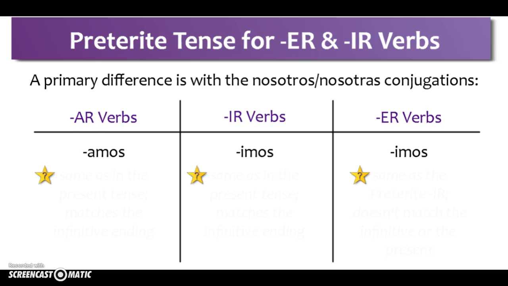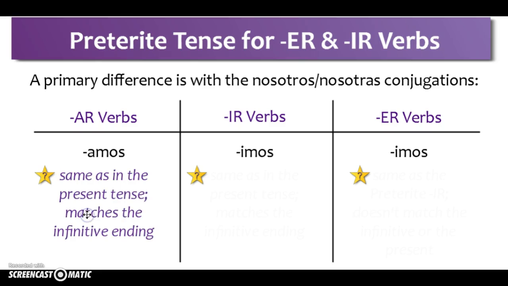So in looking at just the nosotros and nosotras conjugations, what differences or similarities have we noticed? For AR verbs, our ending is amos. That's the same as the present tense, and it matches the infinitive ending for an AR verb. For IR verbs, we have imos.